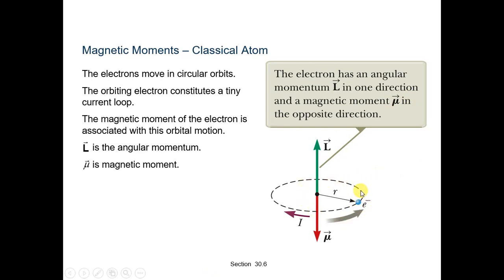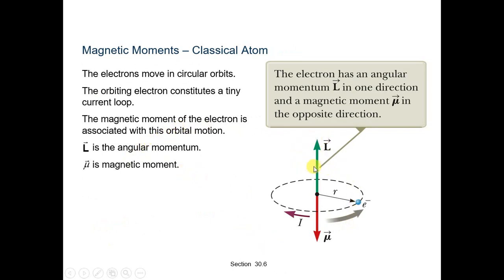The orbiting electron constitutes a tiny current loop. The magnetic moment of the electron is associated with the orbital motion.